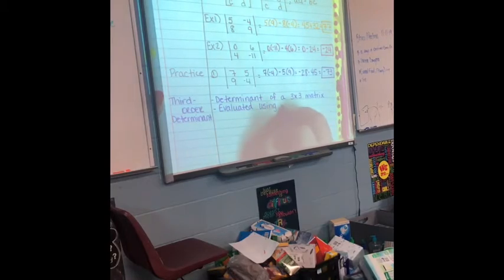And it's evaluated using the diagonal rule, and that's what we're fixing to do next.